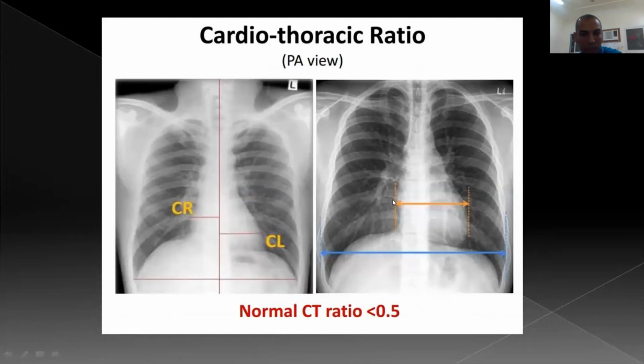There is another way to measure the cardiac width. We can draw a line perpendicular to the central line of the trachea, and we have here the largest line, and we can calculate this one and this one. So we will have the cardiac width, and we can divide this one by the thoracic width.